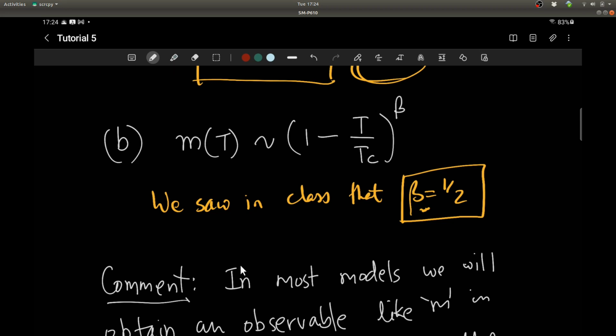So does this beta equal to half come when we find the root for t less than tc? The way we solved it is that near t equal to tc, we could approximate it by the cubic thing, and we found it as a root of the cube. We actually got m of t goes like square root of 3 times 1 minus t by tc.